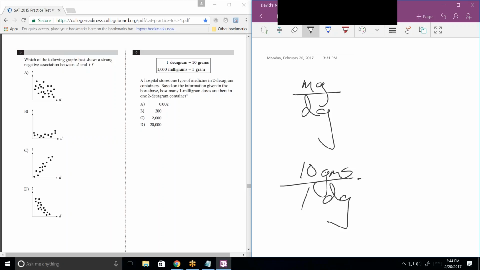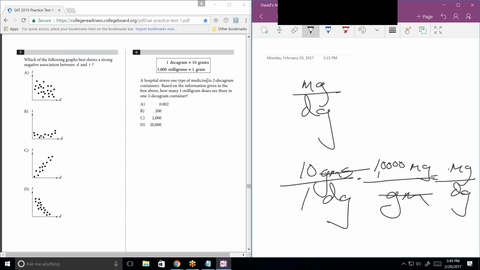And then if I multiply that by the other conversion factor of 1,000 milligrams per gram, now I notice my grams cancel out and I have milligrams per decagram, which is 10,000.